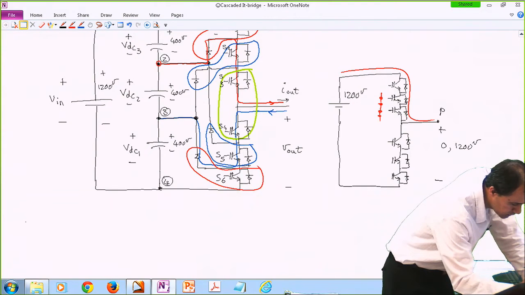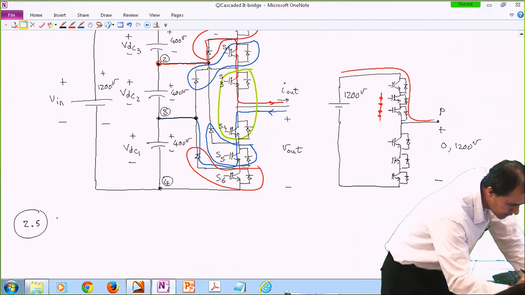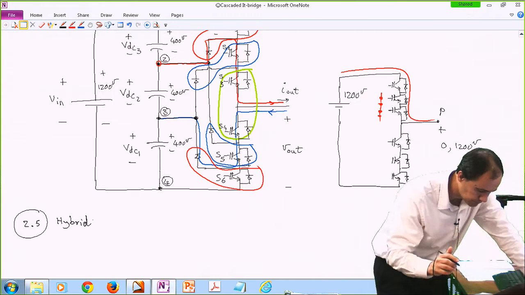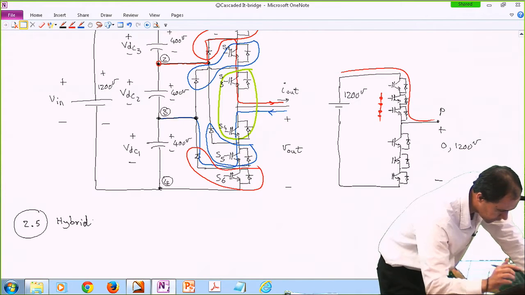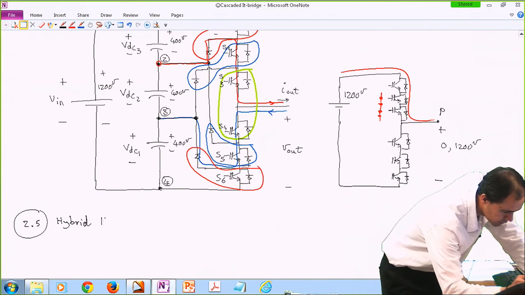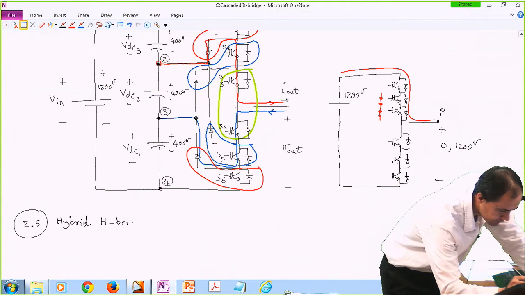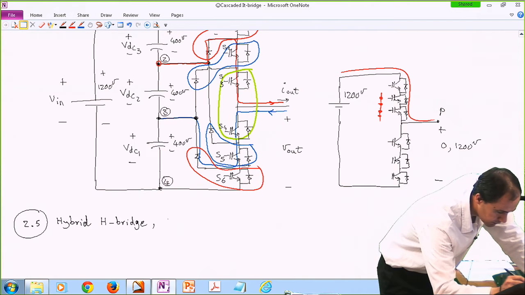I don't know what to name it. Let's call it 2.5. And that is hybrid. Or hybrid H bridge and diode clamp.